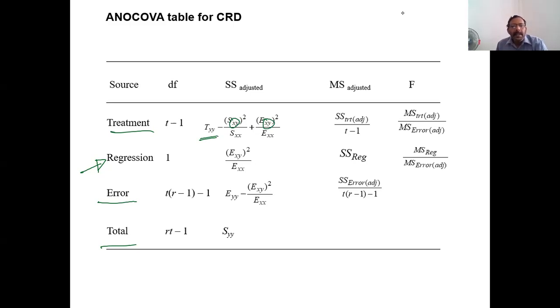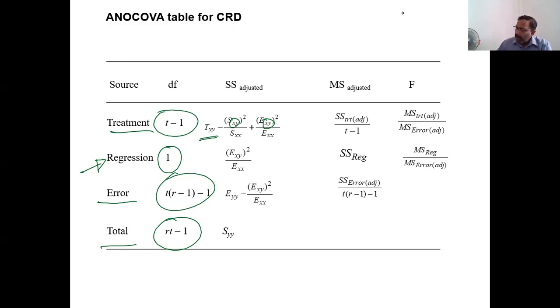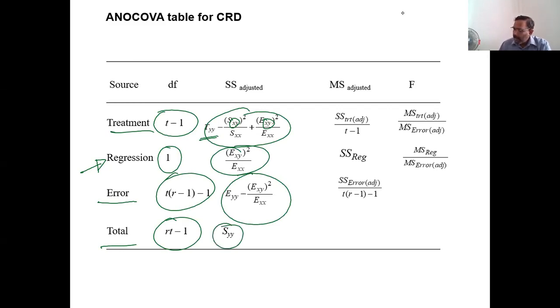Right? Then the treatment degrees of freedom, regression, error degrees of freedom, then the total degrees of freedom. Then we have sums of square for each of these, regression and error sums of square we can calculate, otherwise total minus the rest. That is also possible, right?